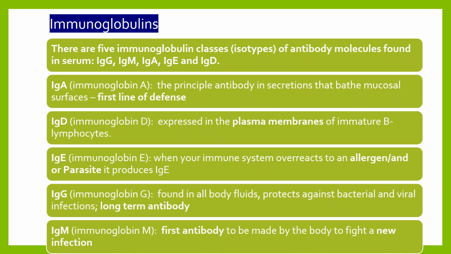IgG, immunoglobulin G, found in all body fluids, protects against bacterial and viral infections. Think long-term antibody. And IgM, immunoglobulin M, first antibody to be made by the body to fight a new infection.